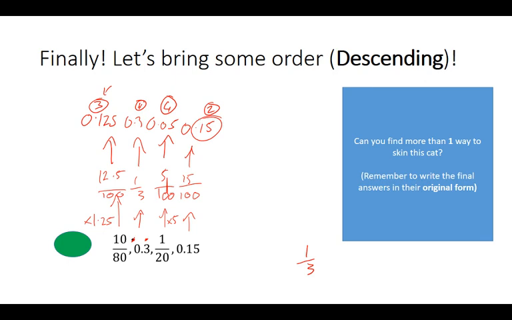So, what will that give us? I'm going to write it to the side. 1 is going back to 0.3, repeating. 2 is 0.15. 3 is 10 over 80. And 4 is 1 over 20.